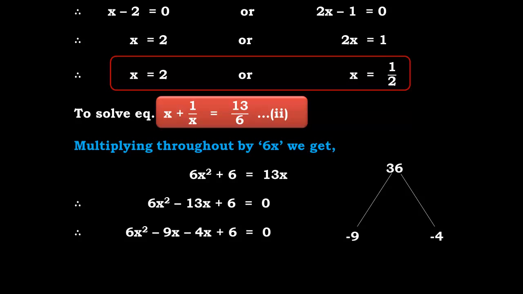From the first two terms we can take 3x common, in bracket you will have 2x minus 3, and from the next we can take minus 2 common, in bracket you will get 2x minus 3. So the common bracket 2x minus 3, the second bracket 3x minus 2 is equal to 0.